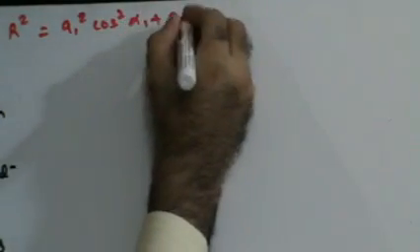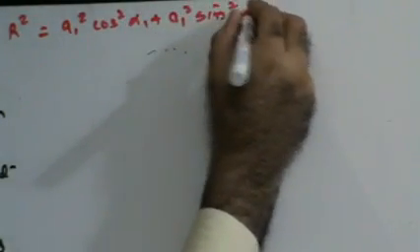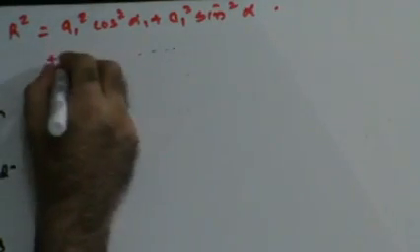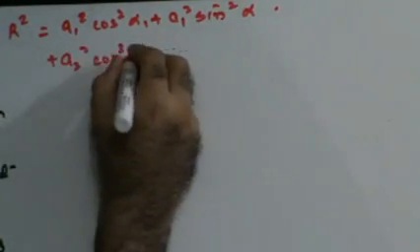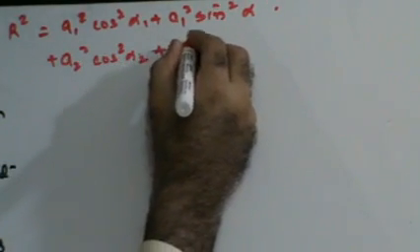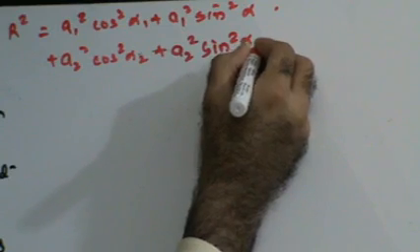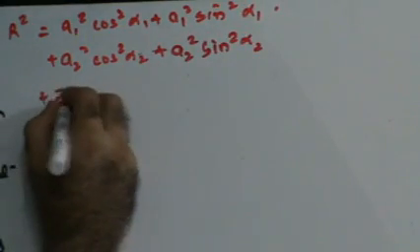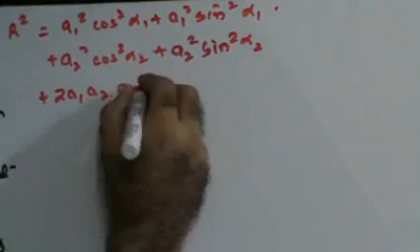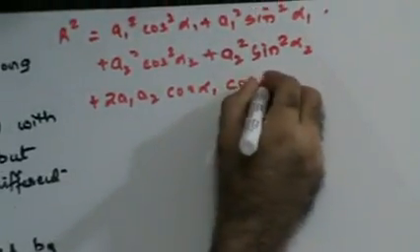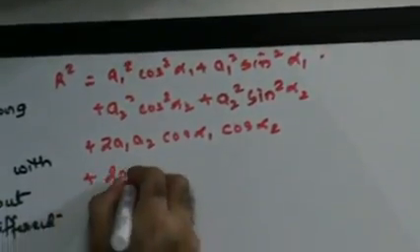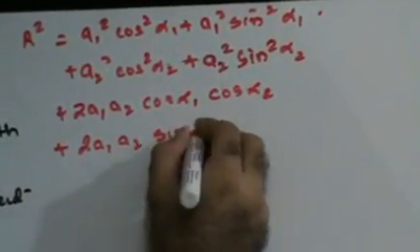Yes, I have A1 square cos square alpha 1 plus A1 square sin square alpha 1 plus A2 square cos square alpha 2 plus A2 square sin square alpha 2 plus twice A1 A2 cos alpha 1 cos alpha 2 plus twice A1 A2 sin alpha 1 sin alpha 2.